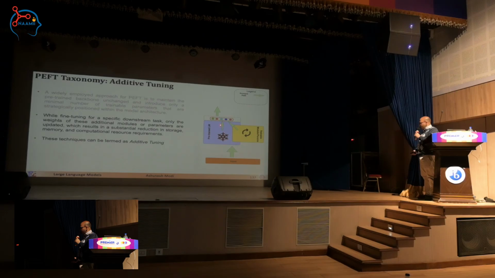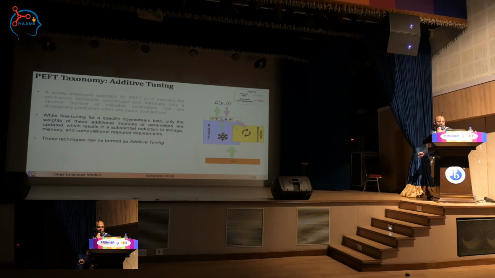The information will flow through the LLM as well as these trainable parameters. During backpropagation, the information from the loss is going to backpropagate only through the trainable parameters, because the remaining parameters of the model are frozen. So you only update these parameters, and everything else is frozen. And this is called additive tuning.